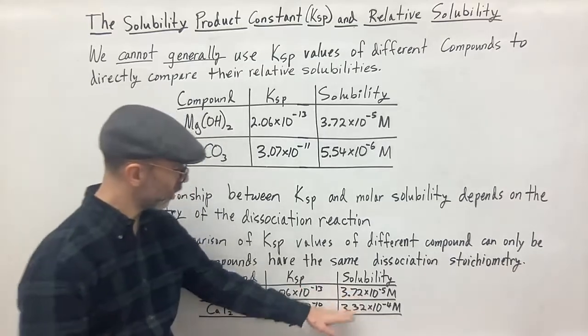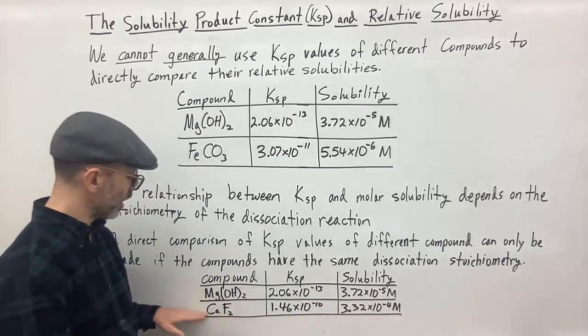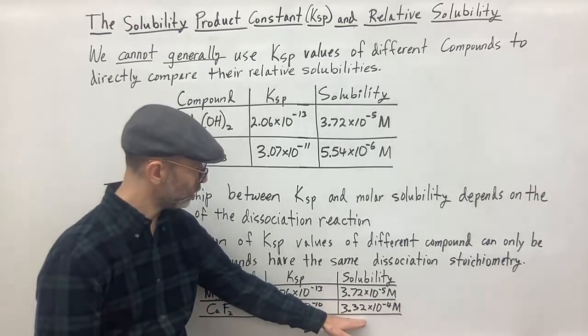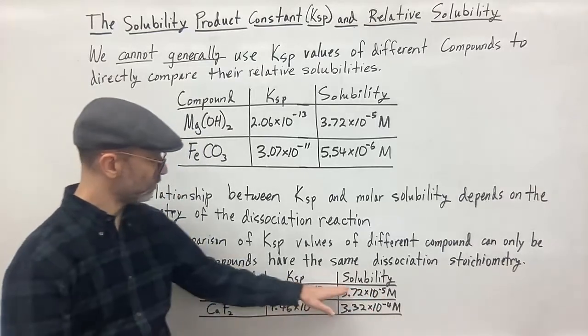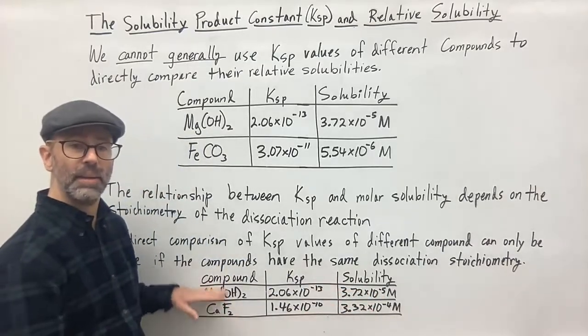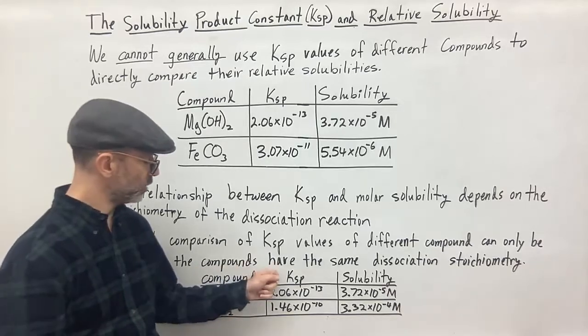And if we look at the solubilities, we can also see that the solubility of your calcium fluoride is also larger than that of your magnesium hydroxide. So you can compare magnesium hydroxide and calcium fluoride directly according to their KSP.